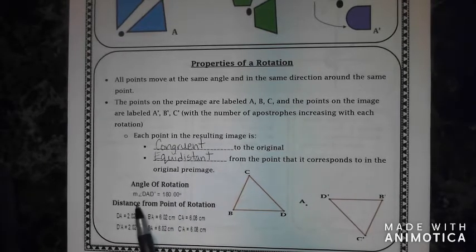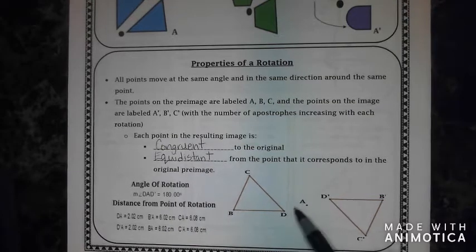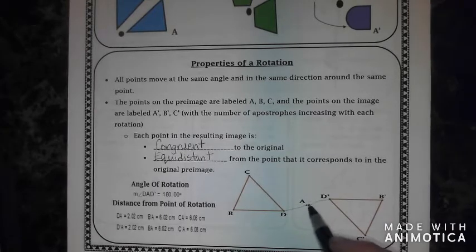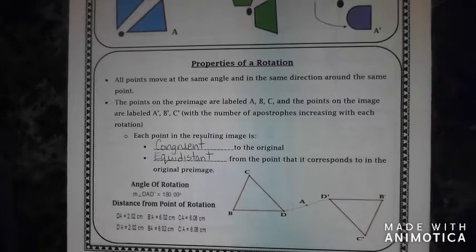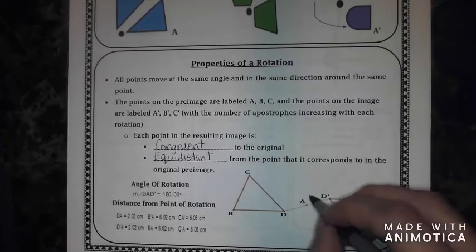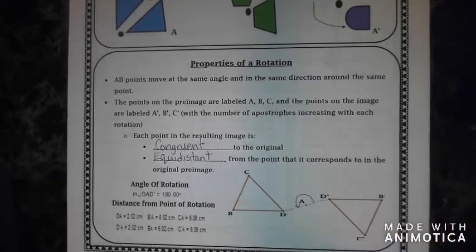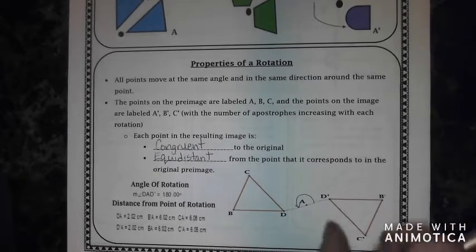For example here, the angle of rotation of DAD. So this is the rotation right here, and we went 180 degrees. So from here to here, 180 degrees, flipped it.